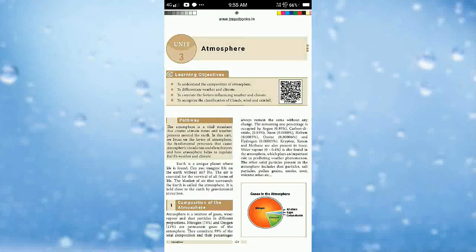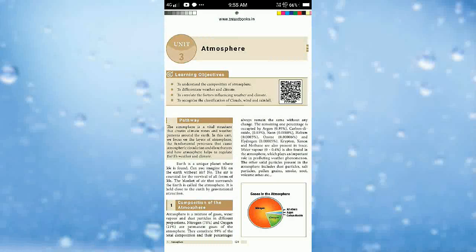What are the permanent gases? Nitrogen and oxygen. Nitrogen 78% and oxygen 21%. They constitute 99% of the total composition of air. The percentage always remains the same without any changes.